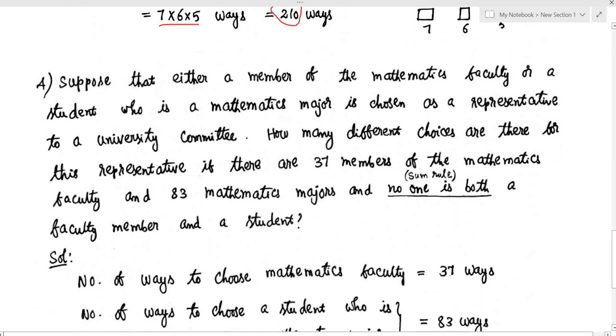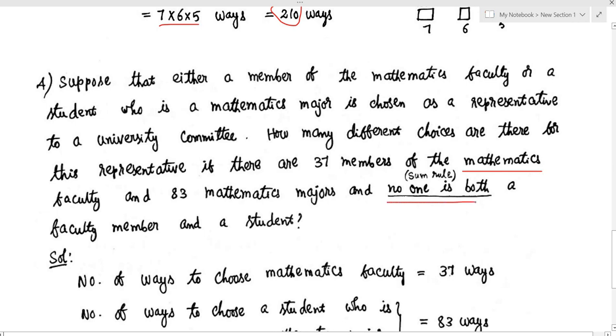Problem number 4. Suppose that either a member of the mathematics faculty or a student who is a mathematics major is chosen as a representative to a university committee. How many different choices are there for this representative, if there are 37 members of the mathematics faculty and 83 mathematics majors and no one is both?